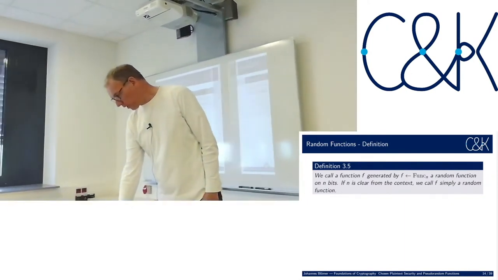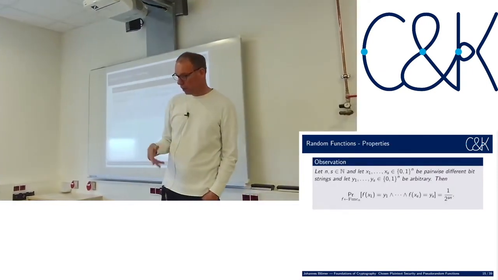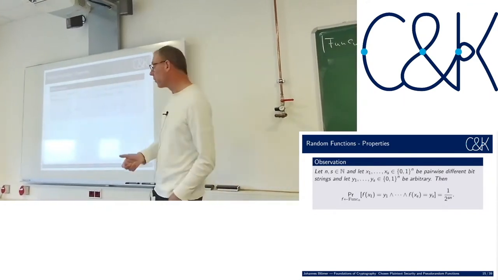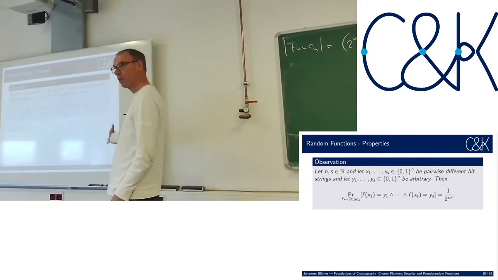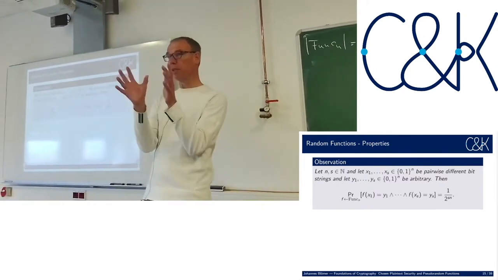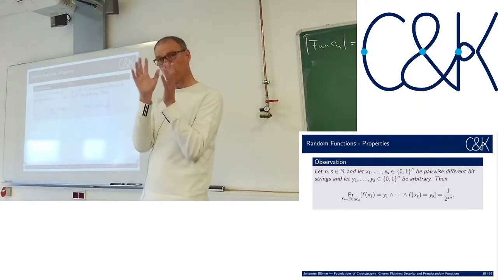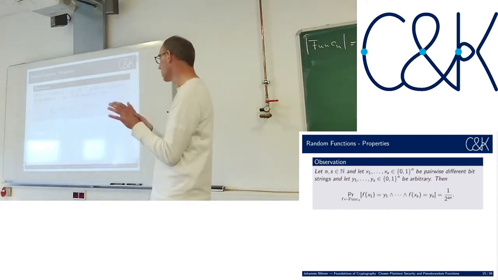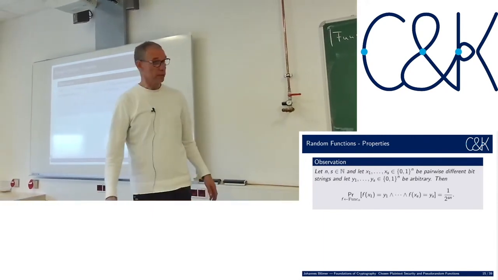More specifically, and this is actually what gives us also an idea of how to work with random functions, we have the following observation. Talking about the probability space of a random function, picking a function uniformly at random from all possible functions from n bits to n bits, which is the case I restrict myself to.